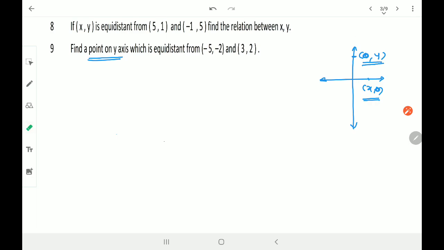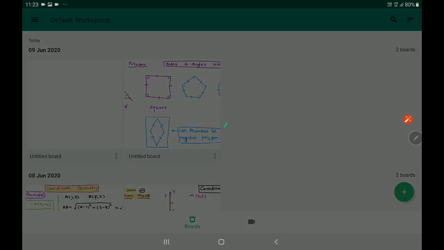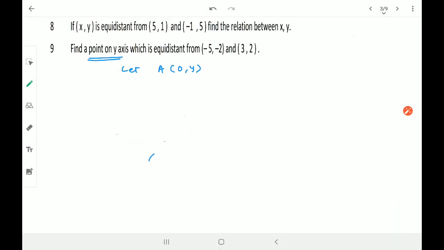So this is the point on the y-axis. What do you have to remember here? Point on the y-axis, what is it? Let the point be A (0, y), or it can be (0, b) or anything as such. Okay? Either it can be (0, y) or (0, b). There is no problem as such.